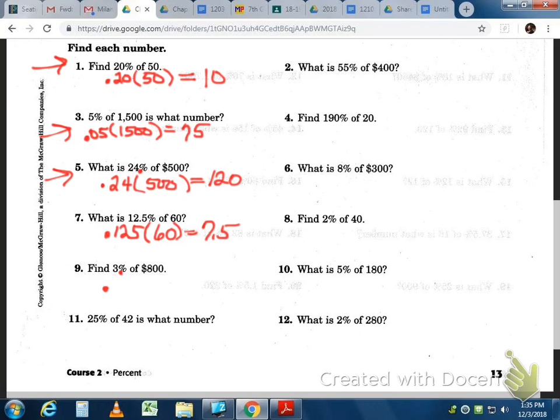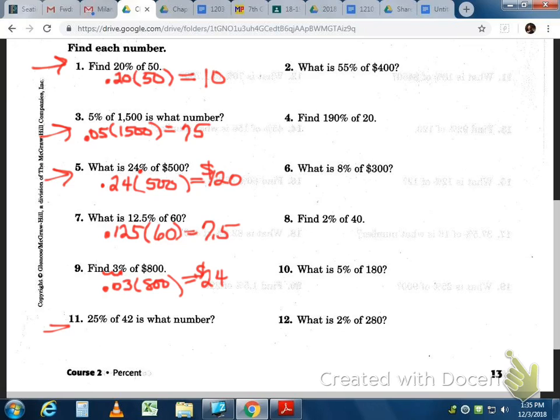Here's where the decimal is. How many places are we supposed to move it? Yeah, we're supposed to move it 2. So 0.03 times 800. 0.03 times 800, just a little 24. And we'll put $24 on that one. I guess I should have put $120 on that one as well.